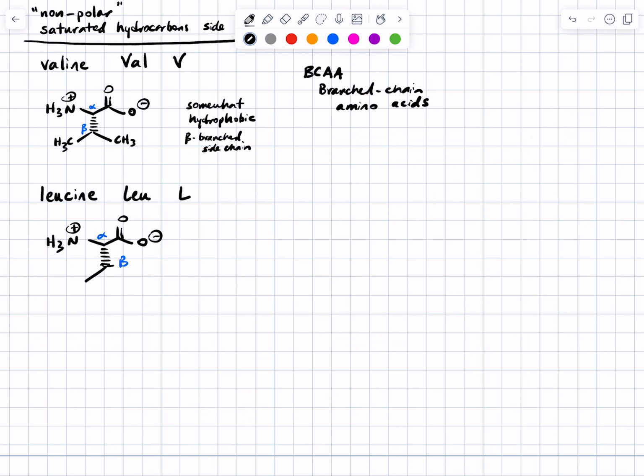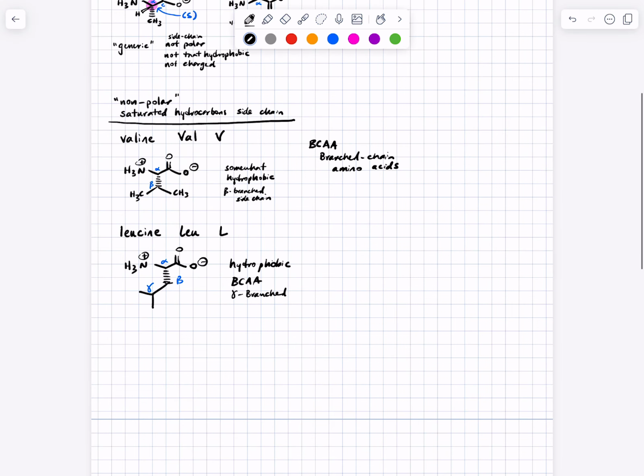You go to another carbon, we'll call that the gamma carbon. And finally, at the gamma carbon, there's a branch point. So leucine's like valine if you inserted a CH2 in between the alpha carbon and the beta carbon. And leucine is also hydrophobic and also a branched chain amino acid, though it is gamma branched rather than beta branched, meaning the branch point's on the gamma carbon.